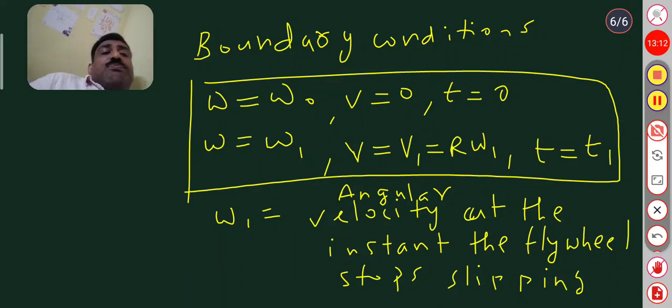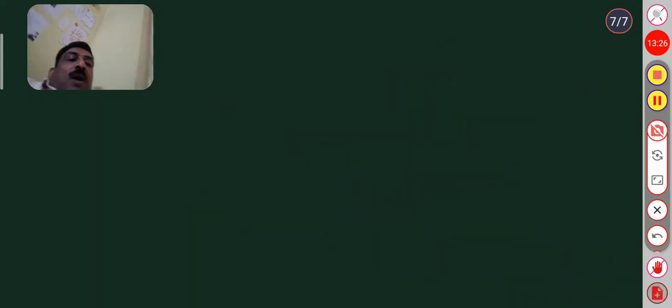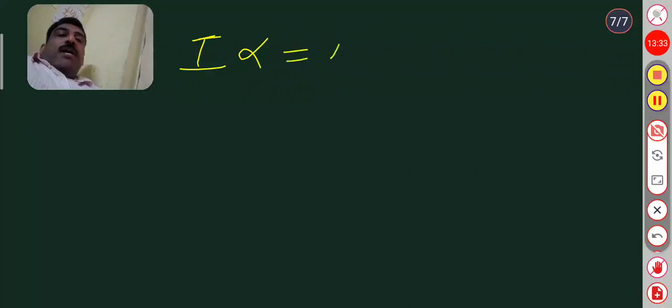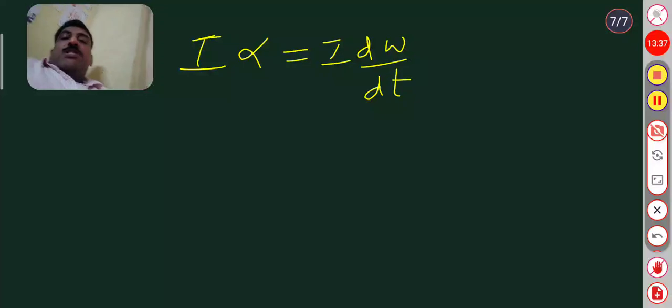Now let us see the equations of motion once again. What are the equations of motion that we have got? I into alpha, which is equal to I into d omega by dt, which is equal to minus f into r.